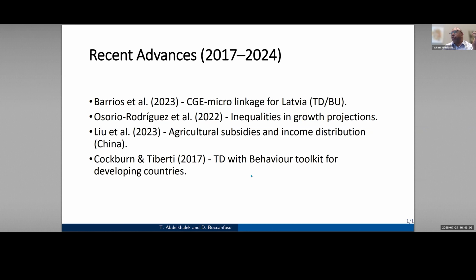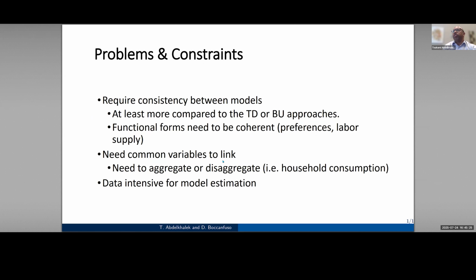It's a very interesting toolkit. It is also on the PEP website. You can just search for Cockburn and Tiberti, and you can find the toolkit for the top-down microsimulation approach linked with the CGE model.